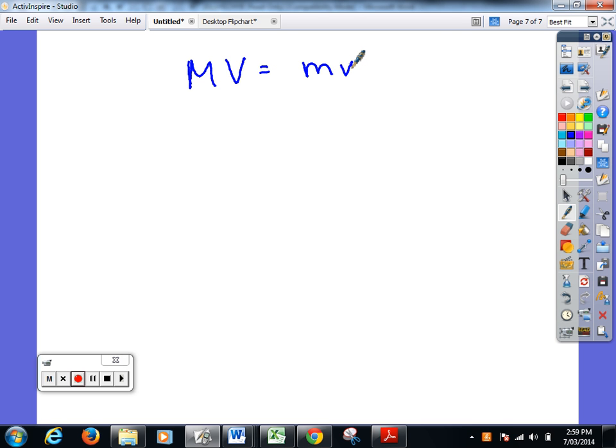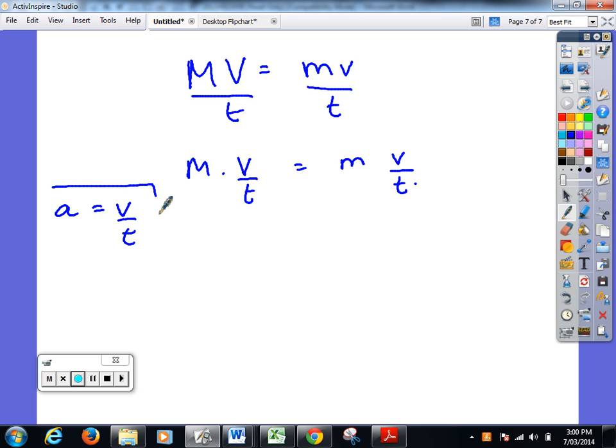Given any period of time, say a second or a minute or whatever, we're just going to call that t. We get capital M times capital V on t would equal little m little v on t. Now velocity over time is acceleration, okay? So on this side, this would be capital M capital A, where A is the acceleration of the rocket.